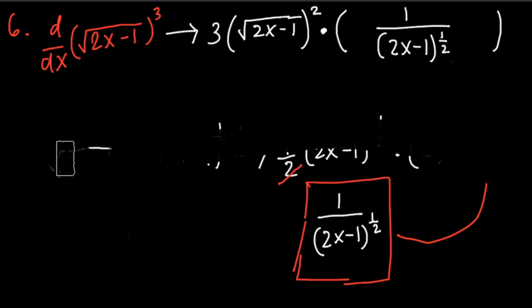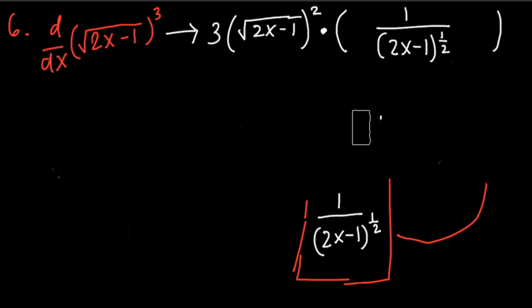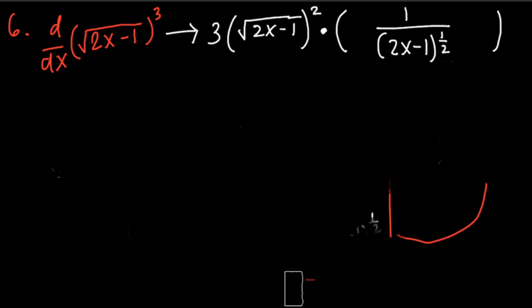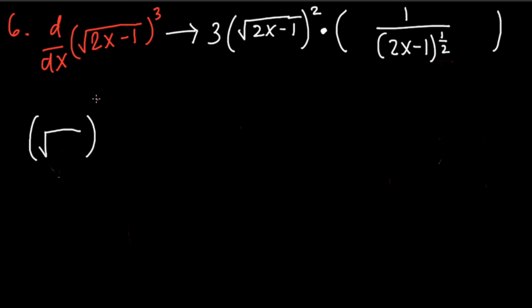Etong susunod na mga step, algebra na lang. So, 3 times square root of 2x minus 1 squared times 1 over 2x minus 1 raised to 1/2. So, again, ito. Lagi niyong tandaan, kapag may square root, tapos may squared, cancel lang, buburay niyo lang yung radical. Okay? So, ang square root of 2x minus 1 is squared, buburay niyo lang yung radical, magiging 3, 2x minus 1.